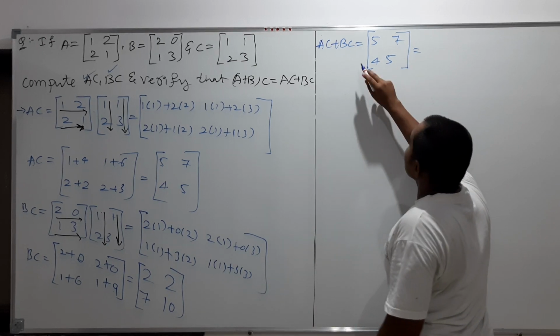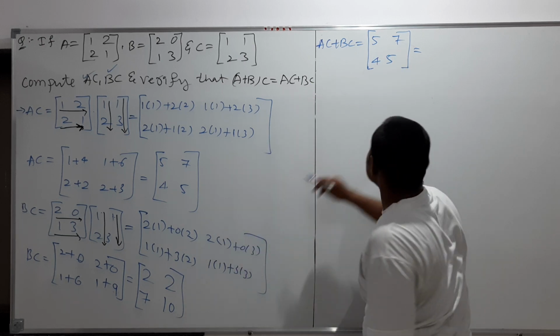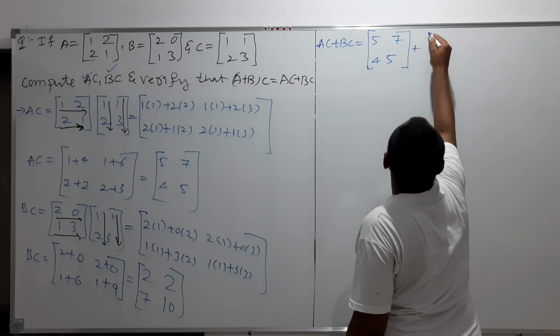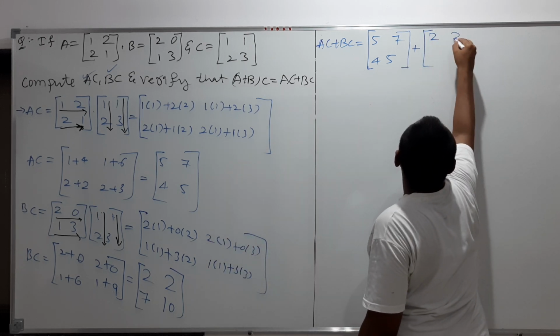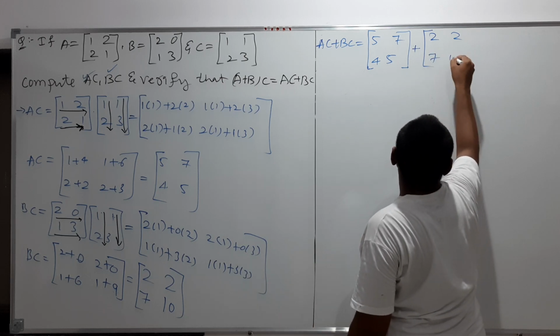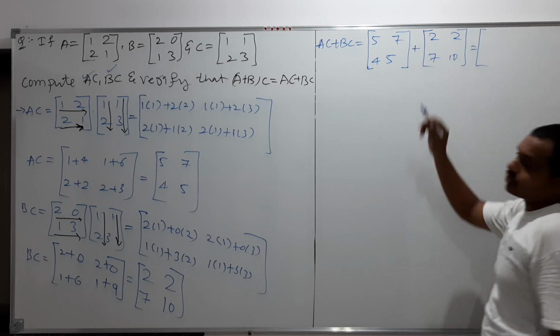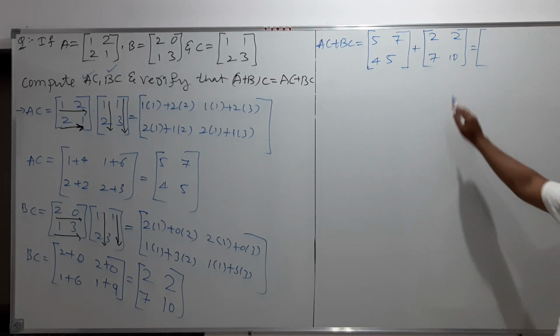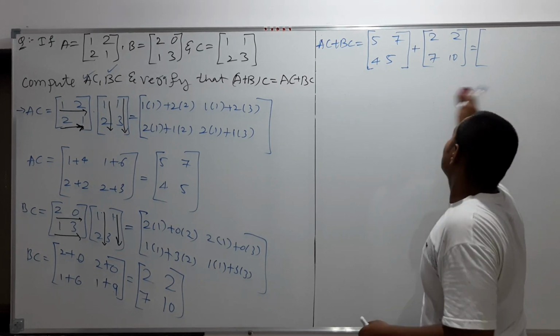Next, BC value is, sorry, here it is plus BC. What is BC? 2 2 7 10. Now this is equal to adding these two matrices, and addition of two matrices is done by adding the corresponding elements of the given matrices.